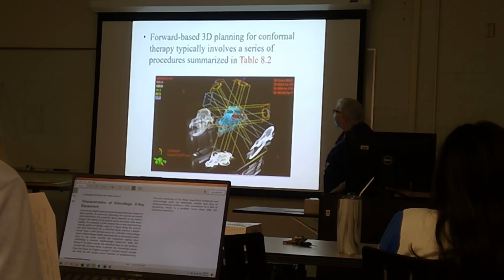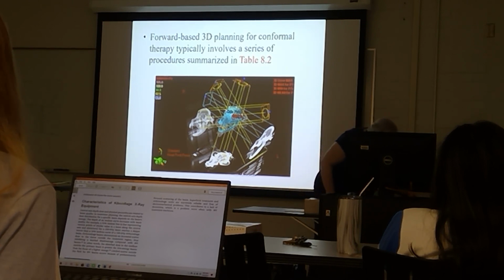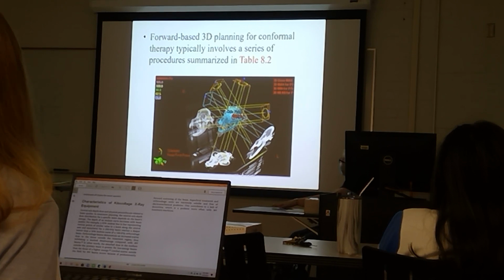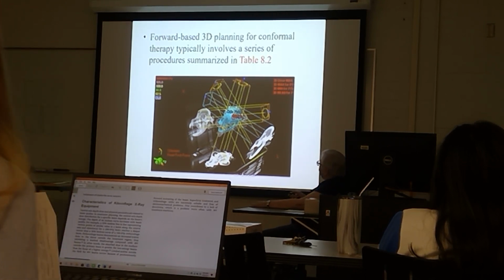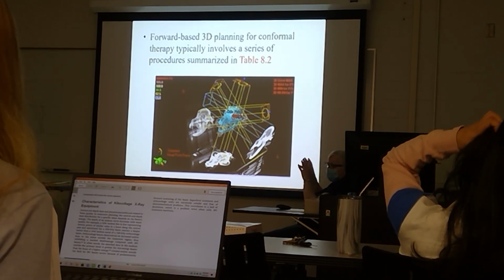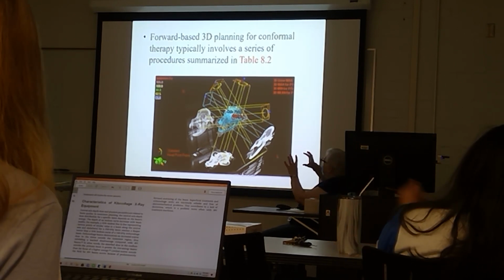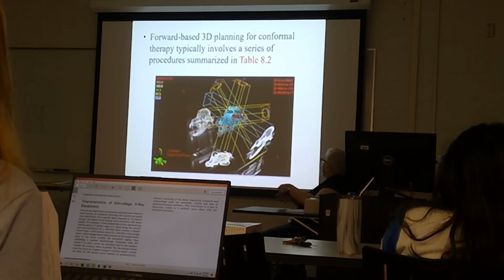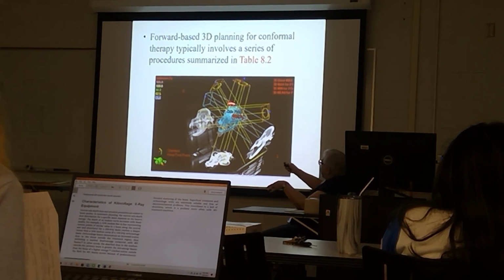Okay, so this is what the planning people see. So we have this. This is the patient. This is showing you all of the different, this is a 3D, so what the physician can do and what the dosimetrist can do is manipulate this so that it will rotate around and show you all the different planes of this area.